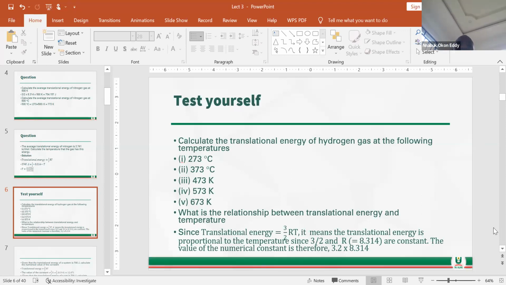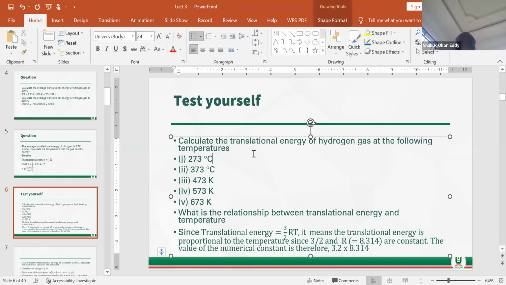So the short way to have the answer will be when you insert that equation. So that means this will be 12.471 times 273. And that means the answer there will be 336.71712.